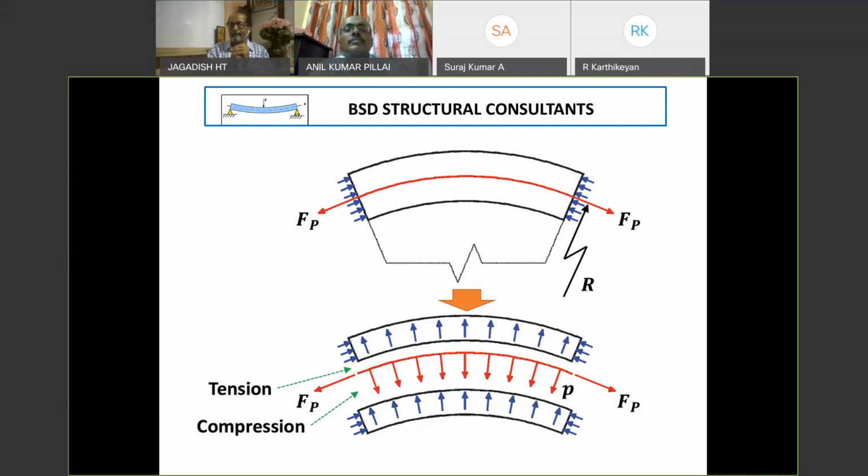Reinforcement pattern. In the earlier dome, the reinforcement, like any other dome, was in circumferential and meridional direction. Radial and circumferential direction, in that direction the reinforcement was laid. The cable earlier also was orthogonal. So, cable orthogonal, reinforcement in meridional and circumferential direction.